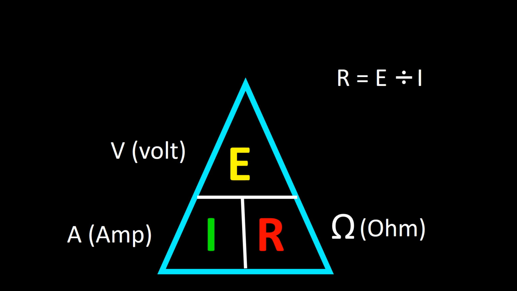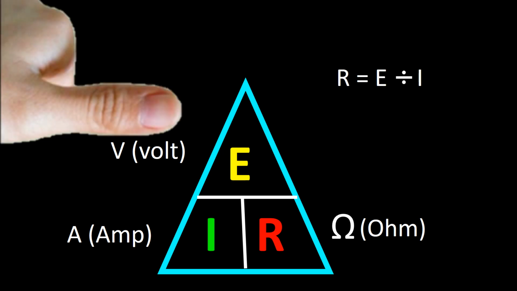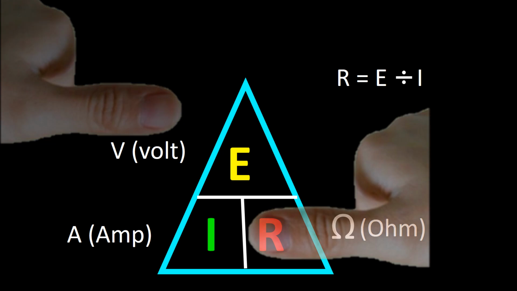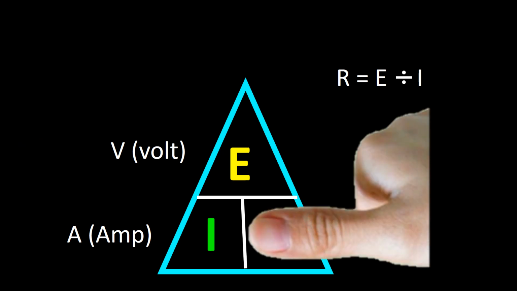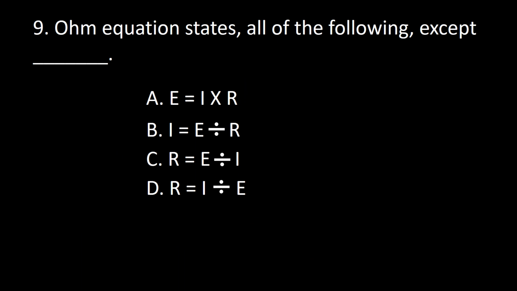Using this equation, I will again use the thumb to cover the term prior to the equal sign, in this case the R, and as you can see, the expression after the equal sign matches the operation in the triangle. So the answer to this question is D.